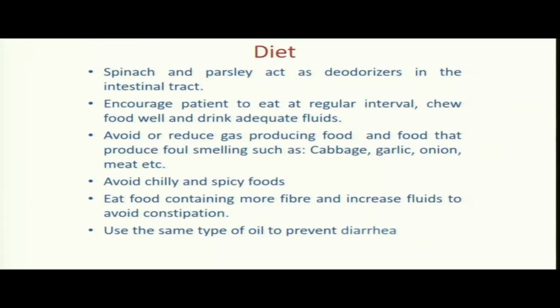Diet. As I mentioned already, the patient will be having flatulence, which will be embarrassing among family members or outsiders, and they will be restricting their travel or going to their working place. So, a proper diet plan enables the patient to avoid these untoward experiences. Spinach and parsley act as deodorizers in the intestinal tract.